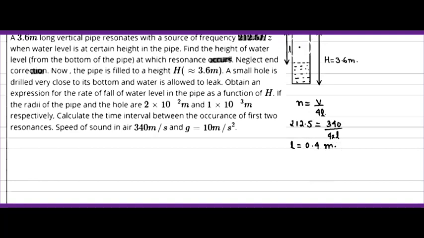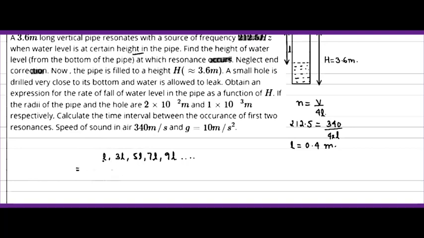Now, since a closed organ pipe produces odd harmonics, the other lengths will be: first length is L, then 3L, 5L, 7L, 9L, and so on. So the first length for which resonance will take place is the length of the air column. Remember, we have to find the height of the water in the pipe.